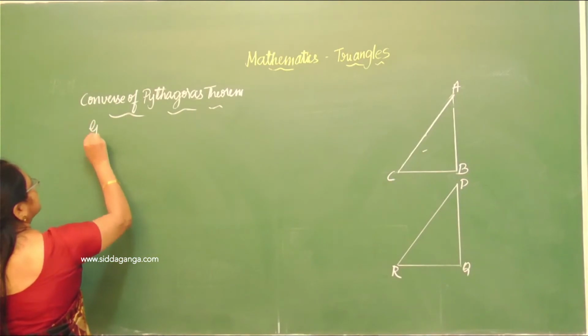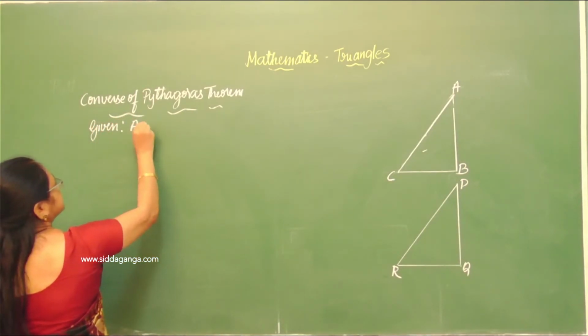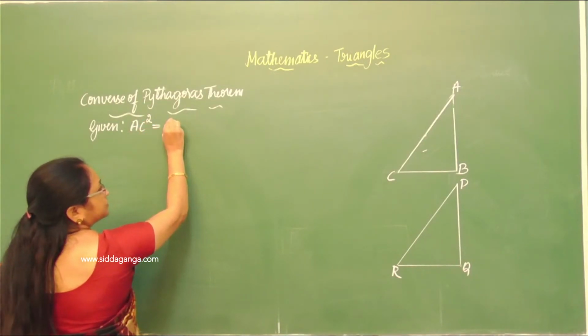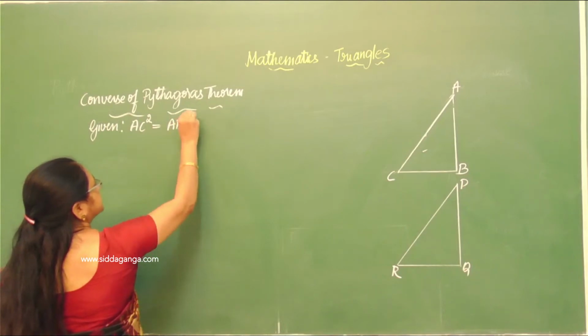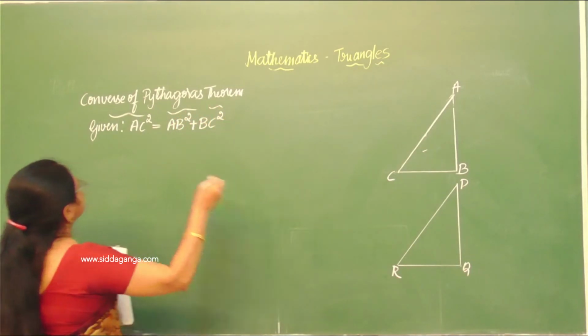So given AC square, the square of one side, is equal to the sum of the squares of the other two sides, that is AB square plus BC square. This is given. Then what do you have to prove?